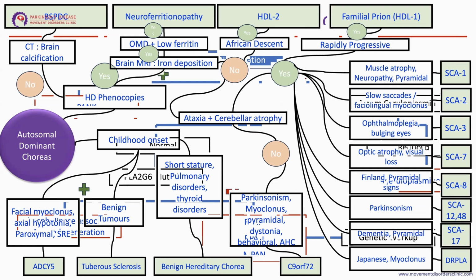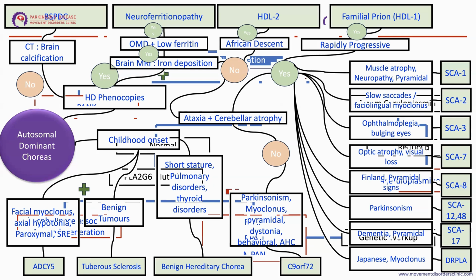If it is an HD phenocopy, is there a brain calcification? Is there a brain iron mineralization pattern? Or are there low ferritin levels? Or is the patient of African descent, or is there a predominant ataxic or cerebellar component, or associated Parkinsonism, myoclonus, developmental issues, or any other malignancies, and then associated facial myoclonus?